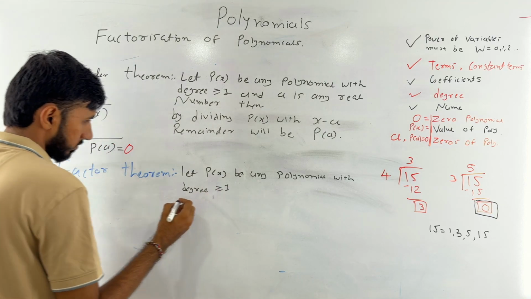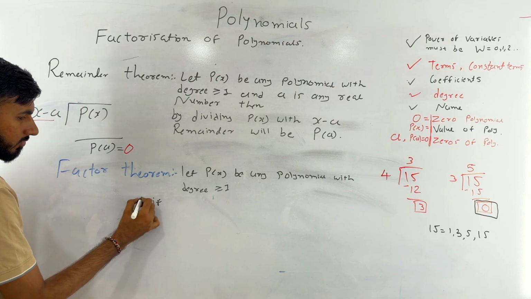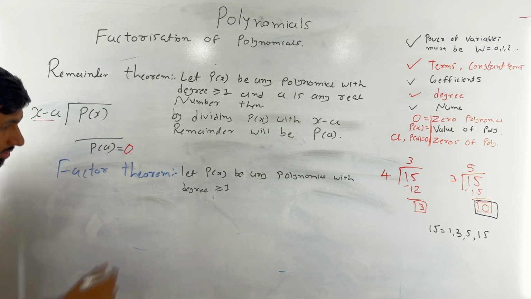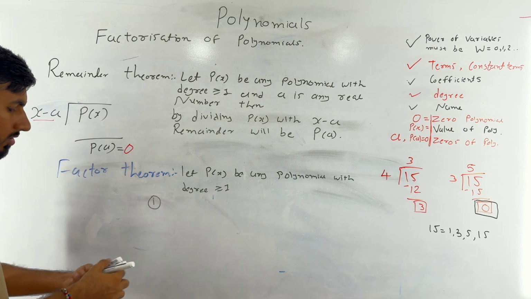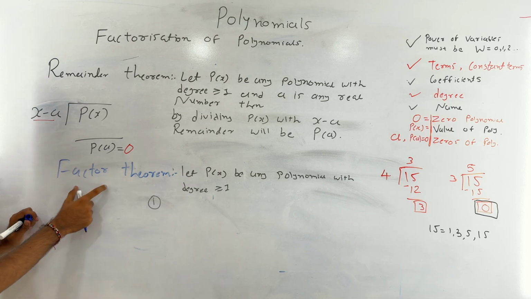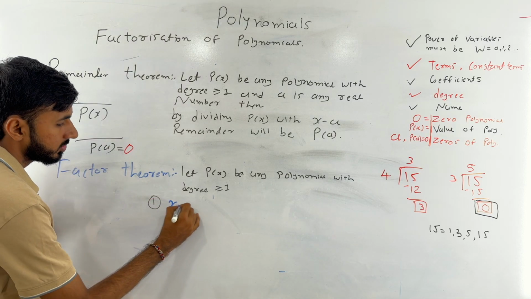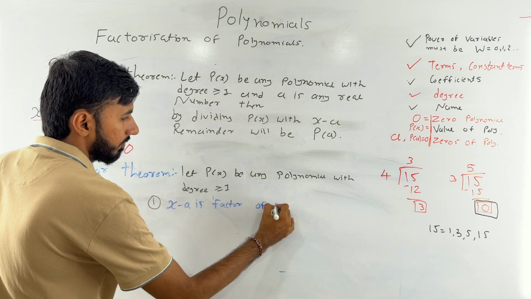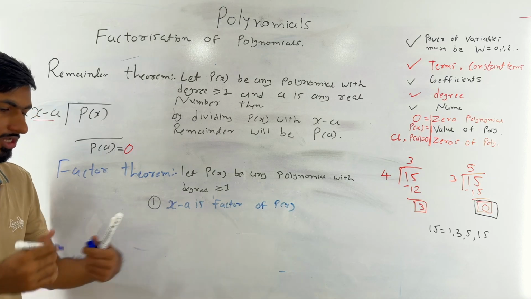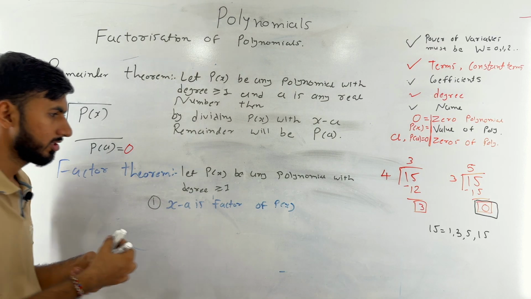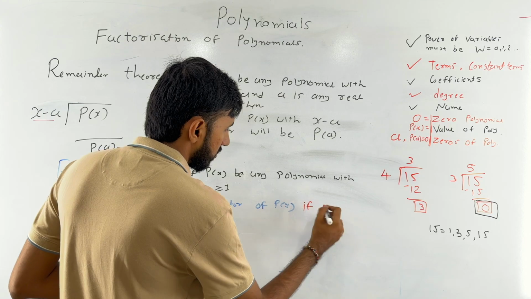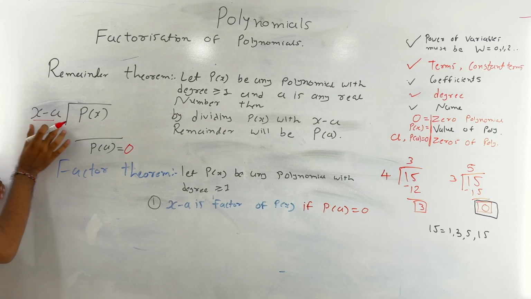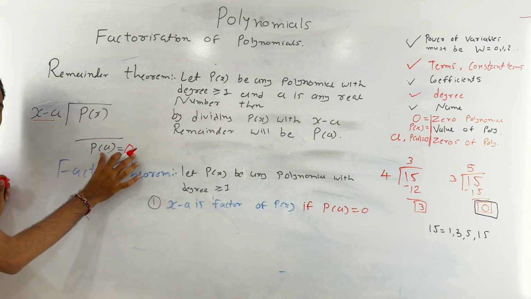Then the first statement is: x minus a is a factor of p(x) if p(a) is equal to 0, right?